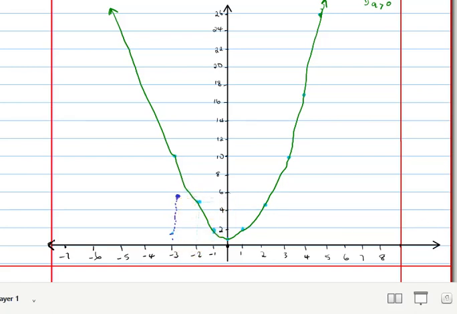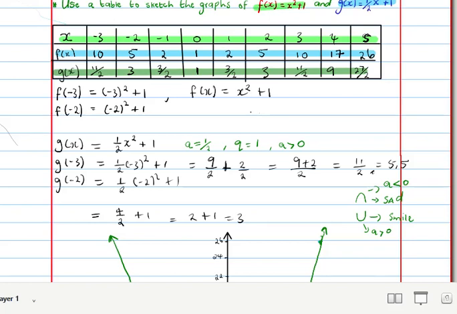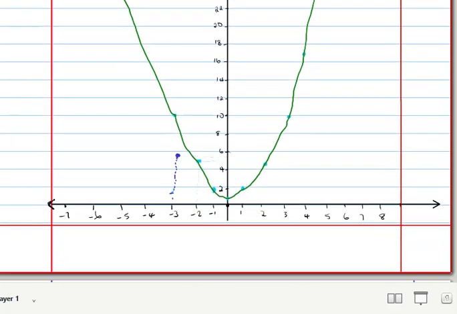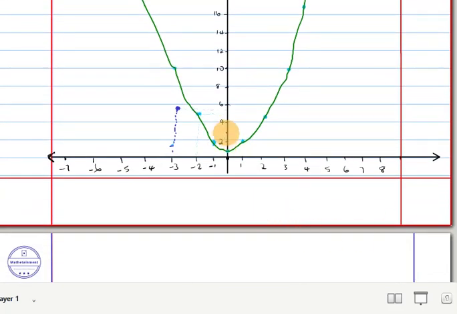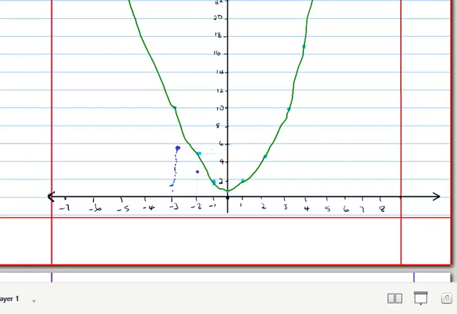Where x is minus 2, the value of y is 3. So now we know that 3 is around here. And there's something that I want you guys to observe with this graph of mine and relate it to the notes that you started with.